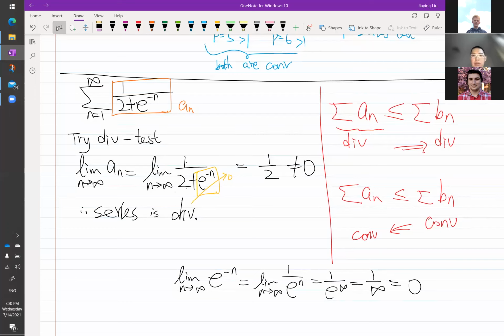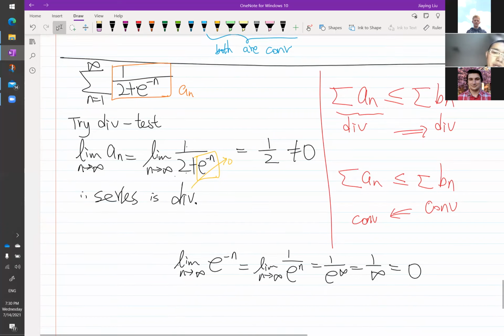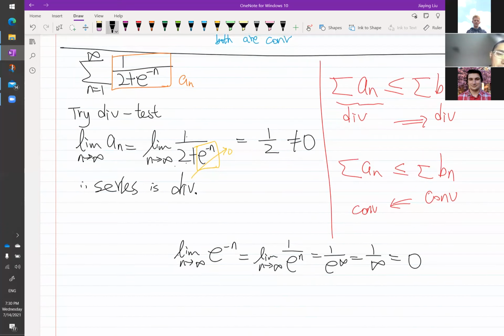But it wouldn't be 1 over e to the negative n? You can write it as, from here, you could write the limit of 1 over 2 plus 1 over e to the n, right? And then again, you can just, quote unquote, plug in, not really plug it in, right?